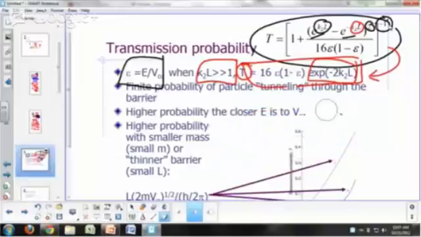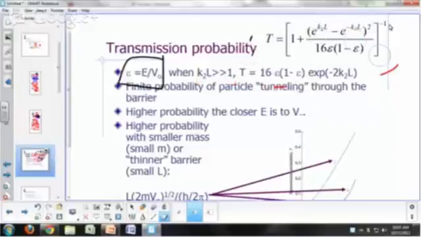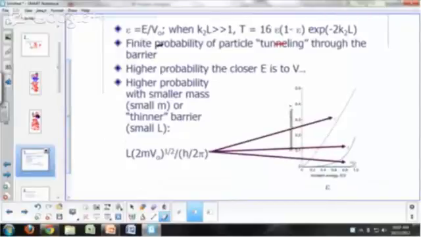Not really, because what we're really interested in here is focusing on just transmission through the barrier.